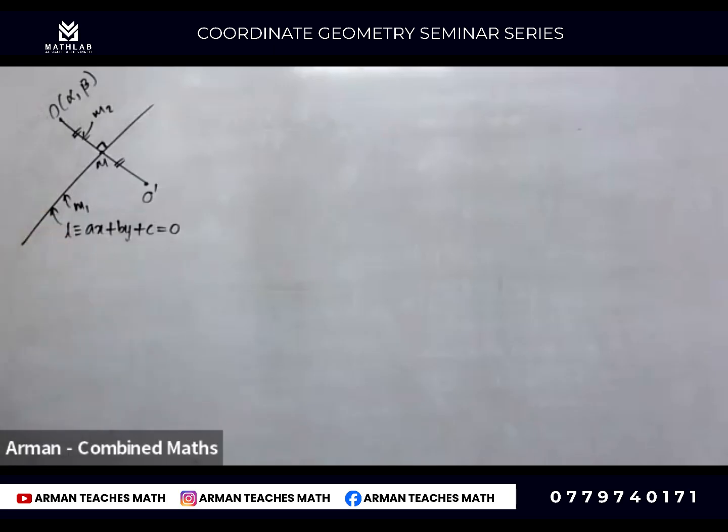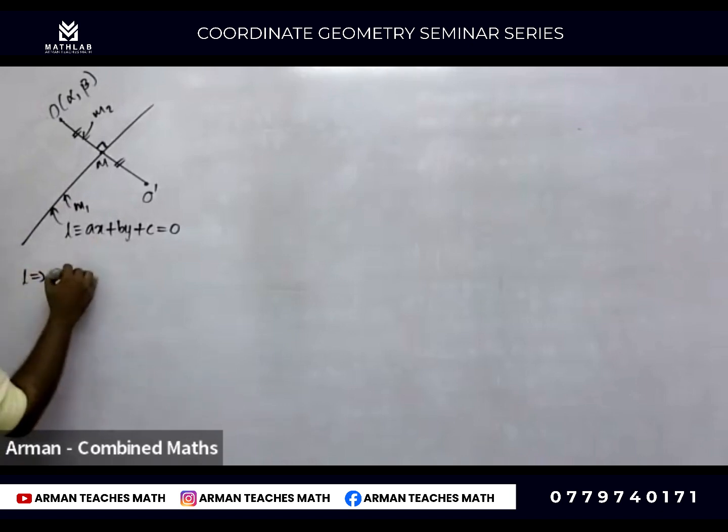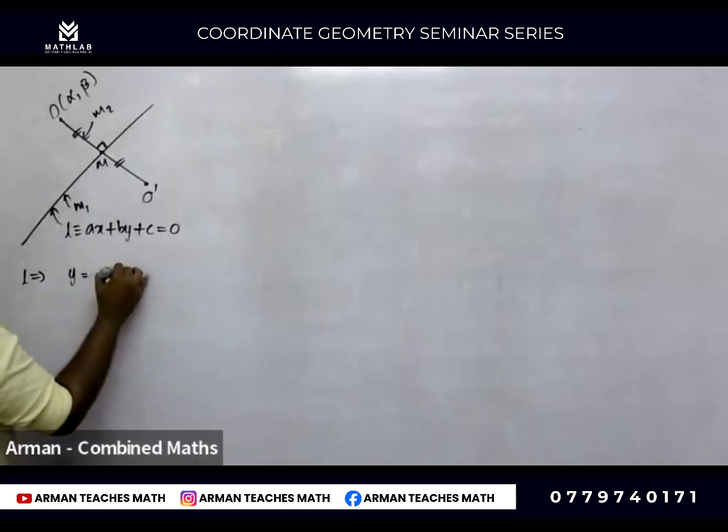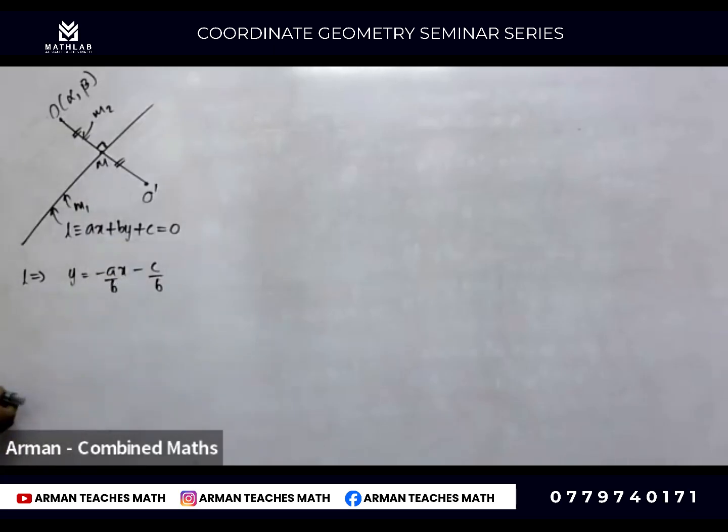So let's take first of all m1. Let's take the L equation. If I write the L equation in y equals mx plus c format, this is going to be y equals minus a x minus c divided by b. So therefore, m1 is equal to minus a over b.